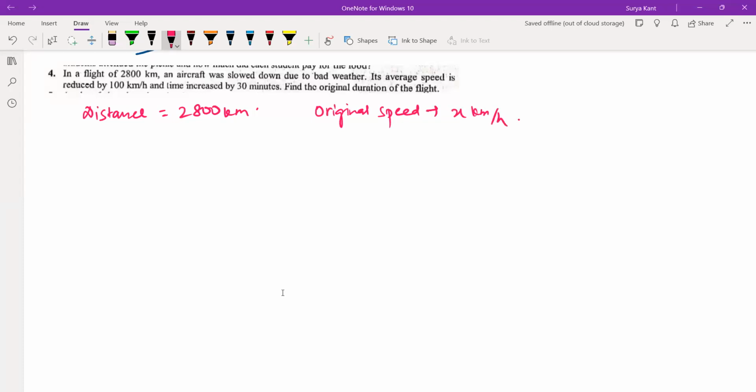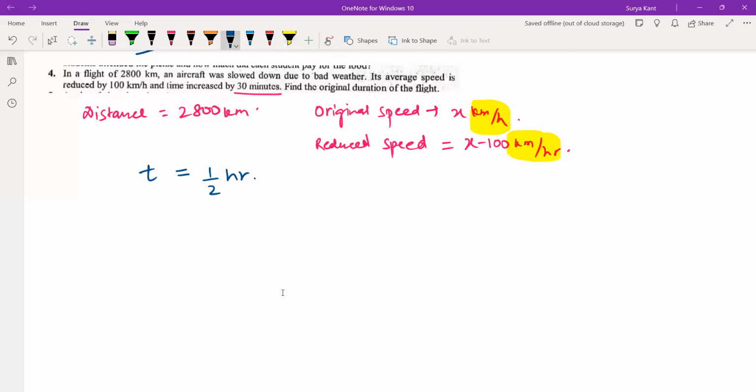Now the reduced speed will be x minus 100, right? So the time difference is how much? 30 minutes. If they are talking about kilometer per hour, the time also you should write in hours only. So the difference in time is half an hour, right?